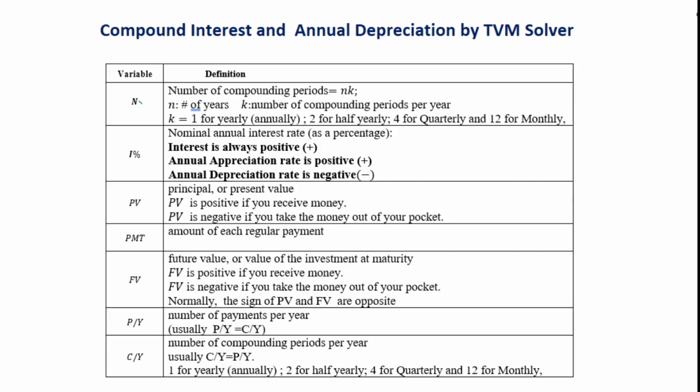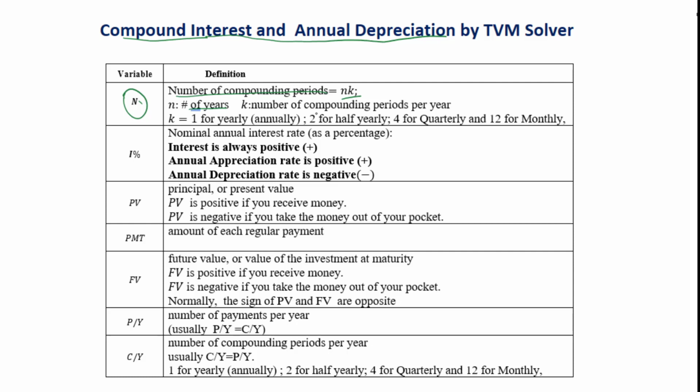Today's lesson is about using a TVM solver to solve questions about compound interest and annual depreciation. There are some variables in the TVM solver. Capital N stands for the number of compounding periods, equal to N times K. N is the number of years.